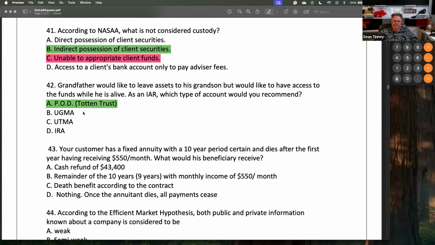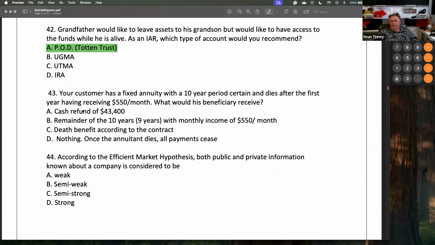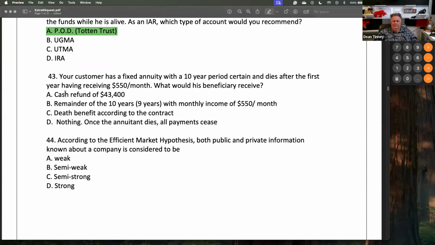So I wouldn't worry about it, but you can tell me if you see this. Your customer has a fixed annuity with a 10-year period certain, so somebody's getting paid, and dies after the first year, having received $550 a month. What would the beneficiary receive? I like this one.